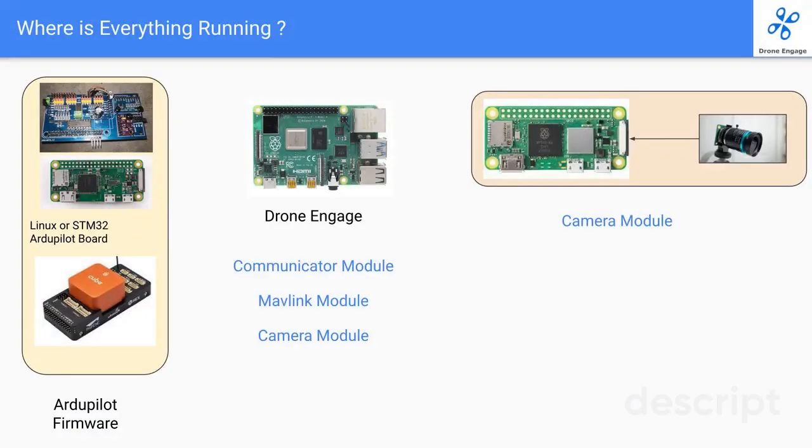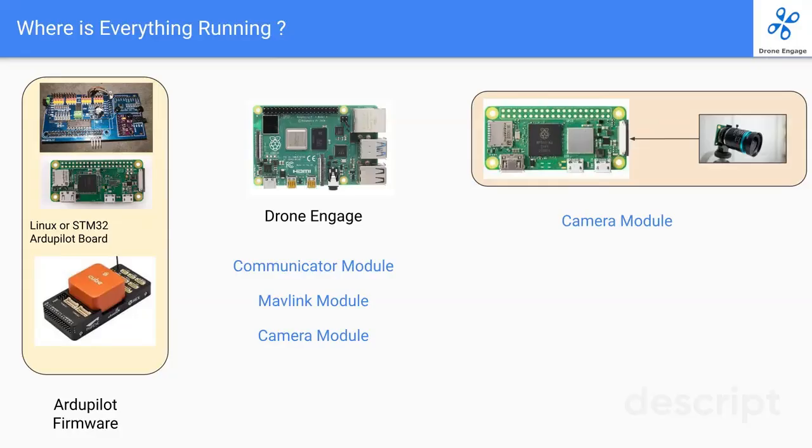Understanding where each component runs helps clarify the complete system architecture. The ArduPilot firmware runs on your flight controller board, whether that's a Linux or STM32 ArduPilot board, handling all flight control operations. The main Drone Engage system, with its three modules including the communicator module, Mavlink module, and camera module, runs on the central Raspberry Pi 4 board, serving as the integration hub.